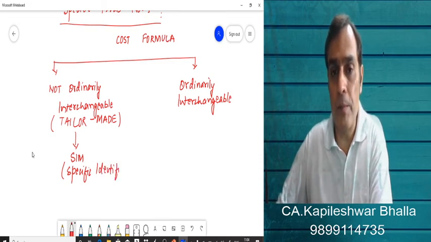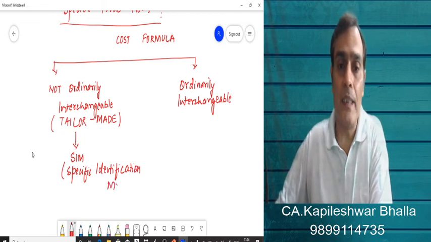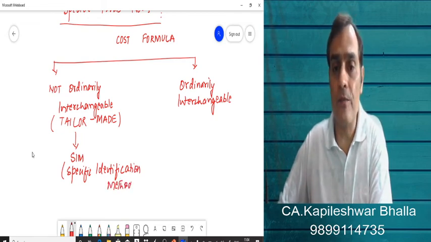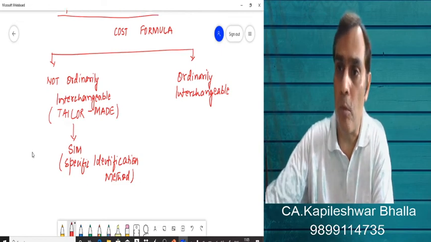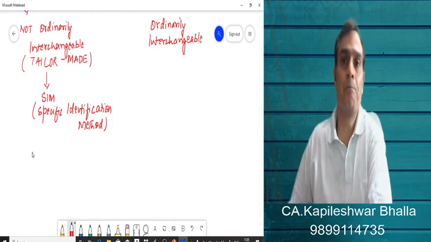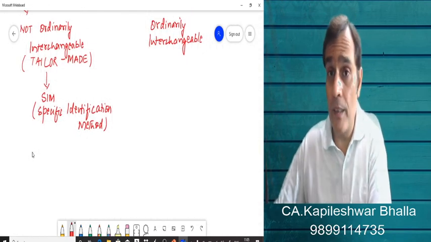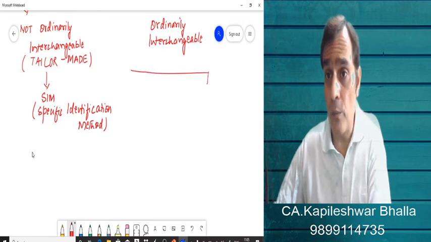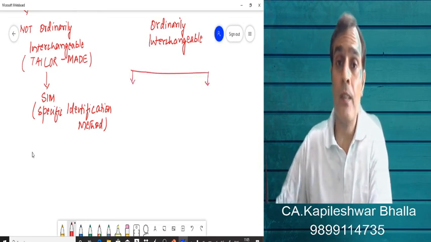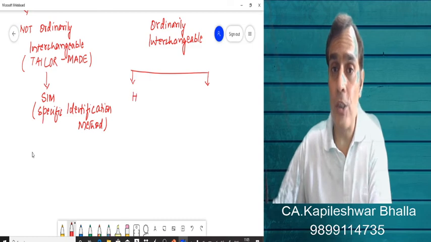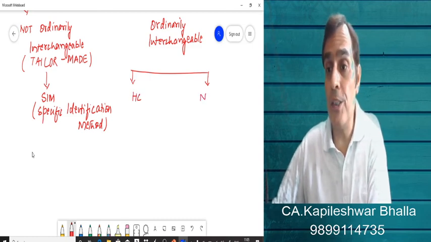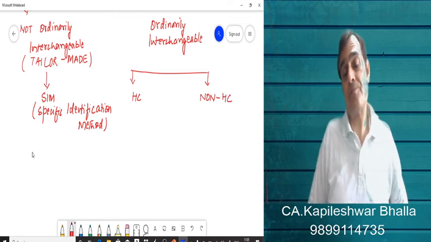That is called specific identification method, because whatever cost is being assigned in terms of that specific product, we would know that. Now, when you say it is ordinarily interchangeable, then we've got two aspects. One is we follow the historical cost, and the other is we follow the non-historical cost method.